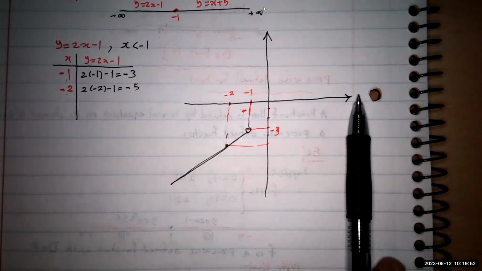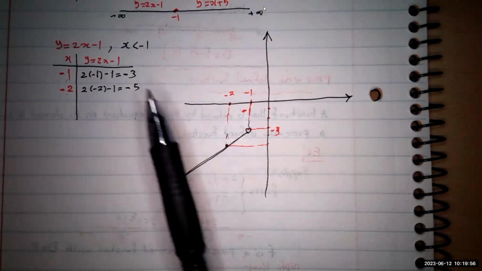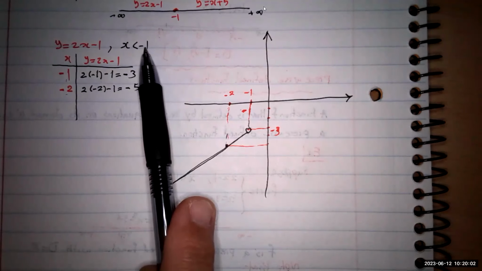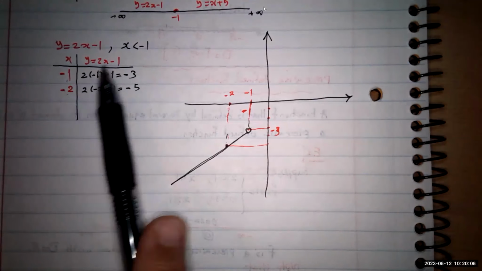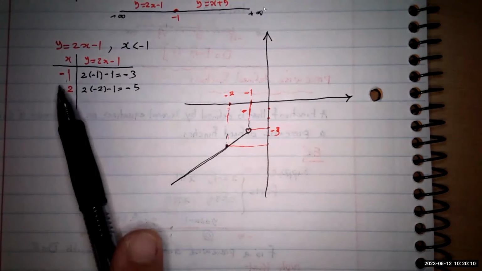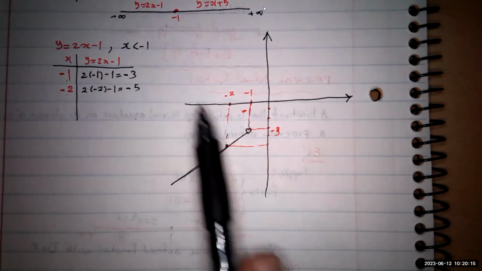Forget about it, some people say, oh, I like to use intercepts. No, since there is a restriction here, you have to get the restriction first, -1, to make sure you're not going to go over it. You pick -1 done, then -2. When you graph it, you start with -1, -3. If there is an equality sign, you make it solid.